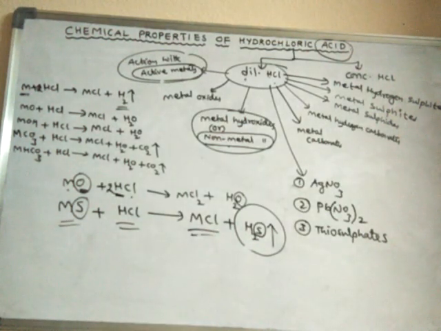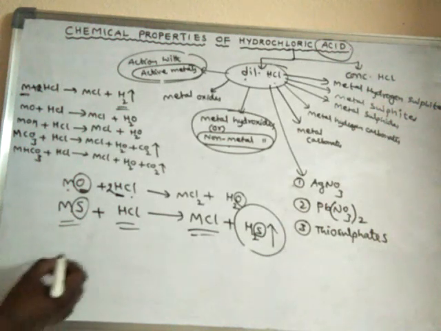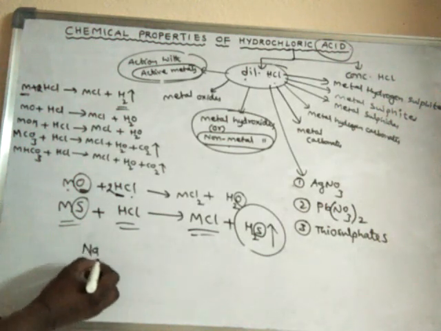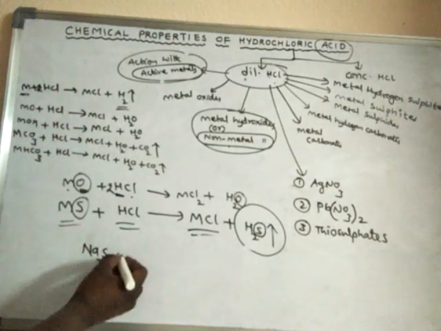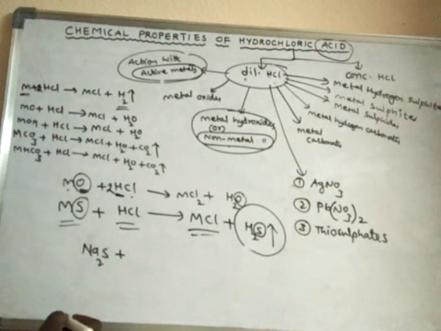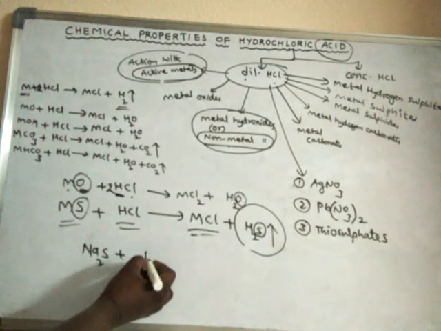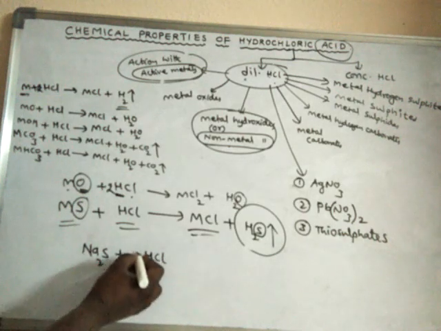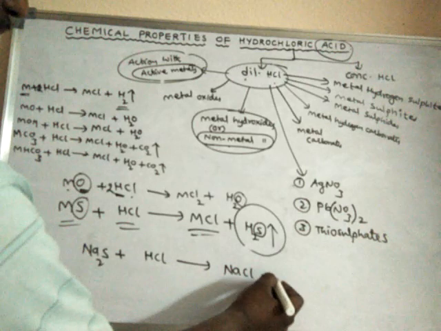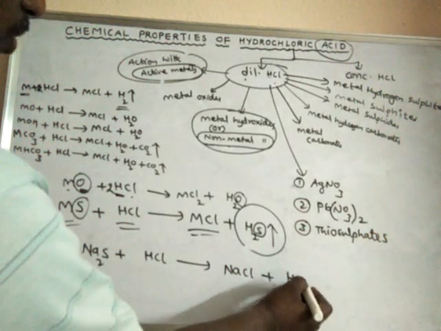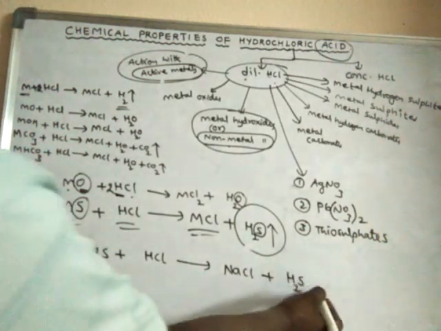If you take the example of sodium sulfide or potassium sulfide, any metal, all metal sulfides, with dilute hydrochloric acid it forms what? Metal chloride plus hydrogen sulfide gas.